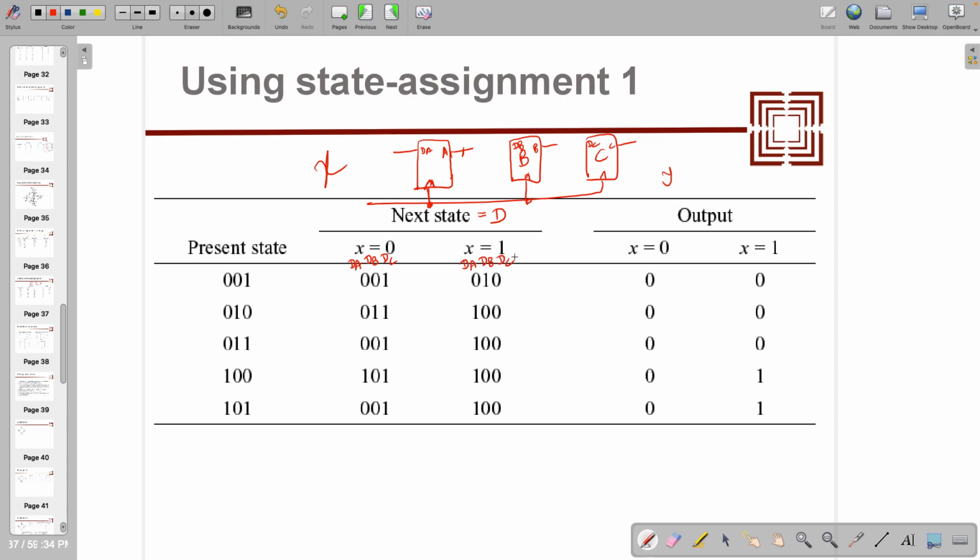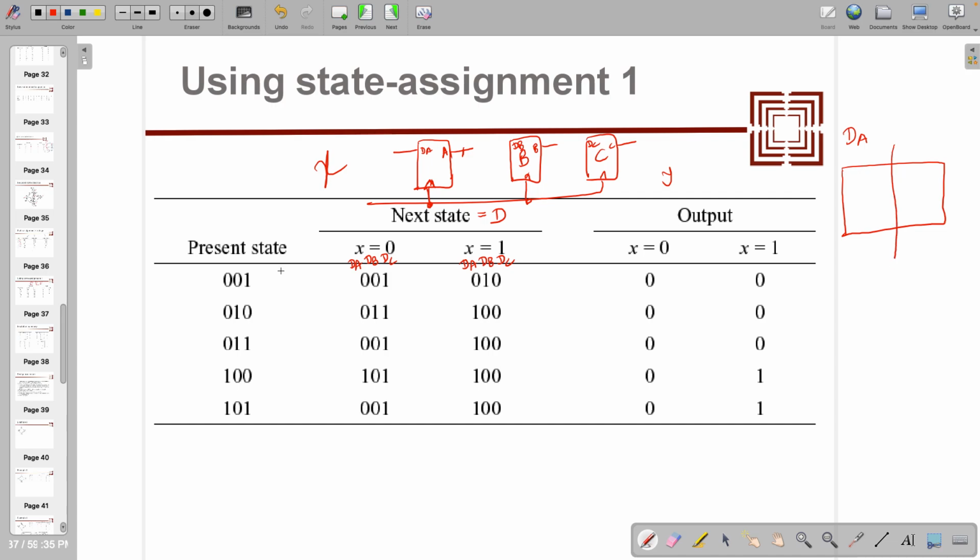Going fine? All this side going fine? Right? Because next state equal to D. Then I need to write down, or I need to find out DA in terms of present state and the input. I need to find out DA, let's start with DA, in terms of present state and input. How to find out? Use K-map, right? Use K-map and solve that. Let's start with DA.